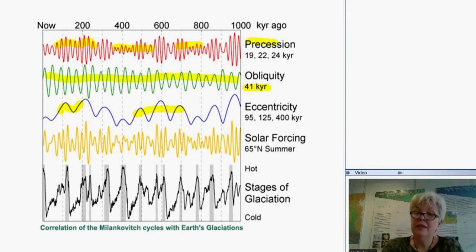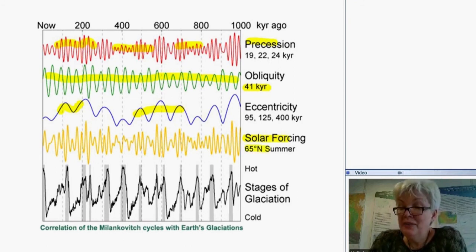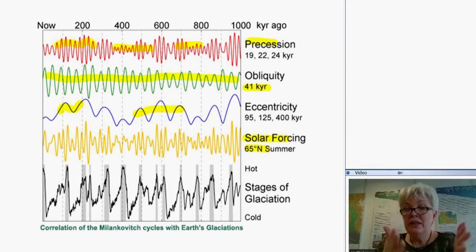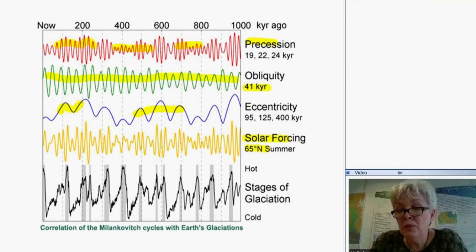And then finally we have the strength of the Sun, and we can see how much that changes. Here we are looking at 65 degrees north, just as an example. The result of these factors, and there are probably more factors, but these are some of the very most important, are called the Milankovitch cycles.